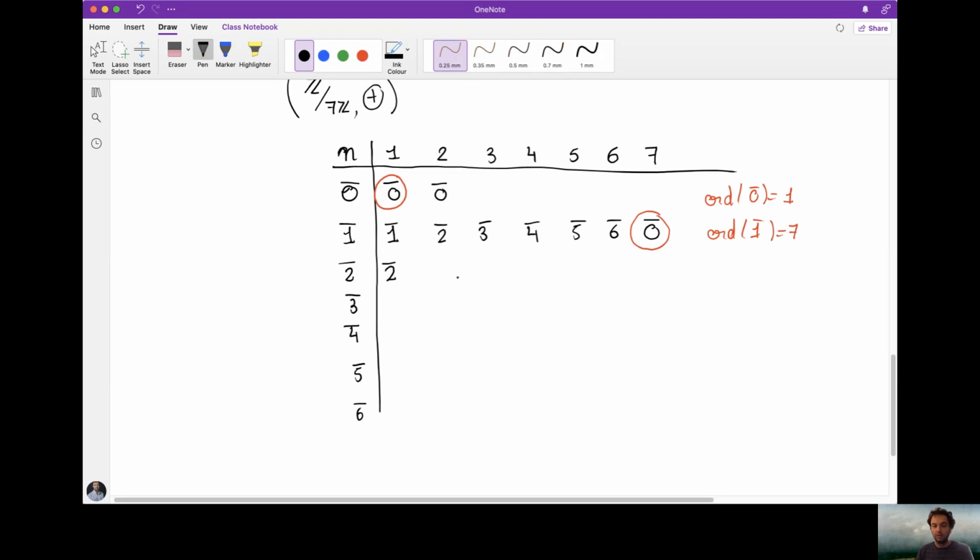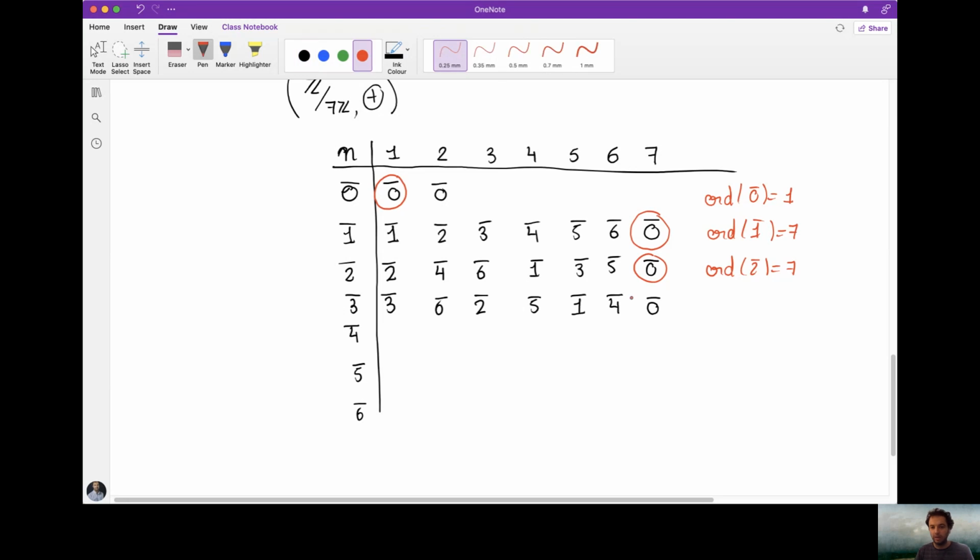Let's do again with 2. So we start at 2, and we add 2 every time, right? 2, 4, 6, 8, but modulo 7, 1, 3, 5, and 7, which is 0. So again, first time that 0 appears is here. So the order of 2 is also 7. And let me do a third one, and then I'll leave the other ones to you. 3, then we add 3 every time. 6, 9 is 2, 5, 8 is 1, 4, 0.